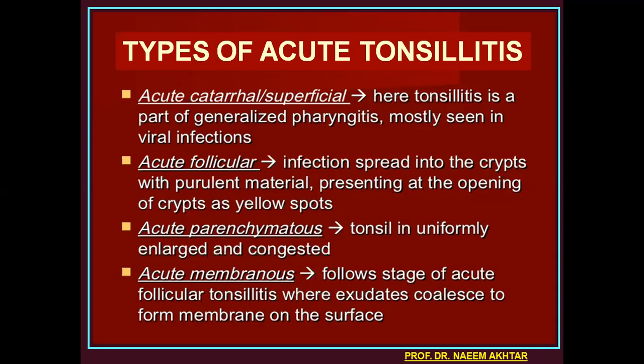The third variety is acute parenchymatous tonsillitis, in which the tonsil is uniformly enlarged and congested. The last one is acute membranous tonsillitis. This type follows the stage of acute follicular tonsillitis, where exudates coalesce to form a membrane on the surface of the palatine tonsils.